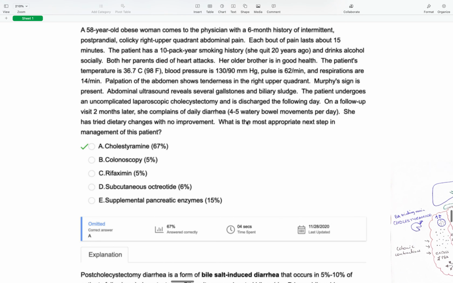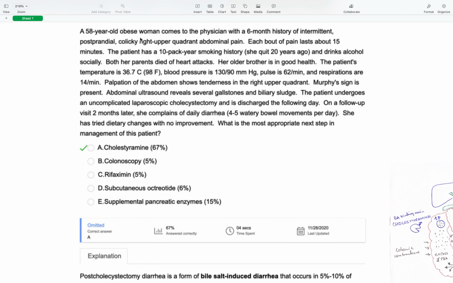So, a 58-year-old obese woman comes to the physician with a 6-month history of intermittent postprandial colicky right upper quadrant abdominal pain. Each bout of pain lasts about 15 minutes, and the patient has a 10-year smoking history and alcohol use, and parents died of heart attack, and we will skip this.